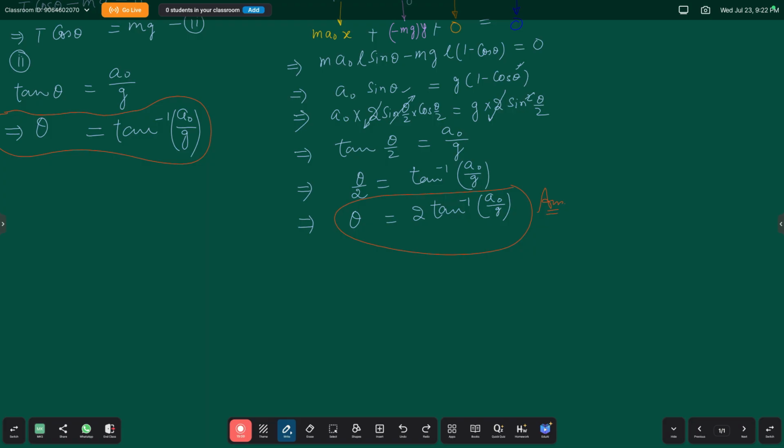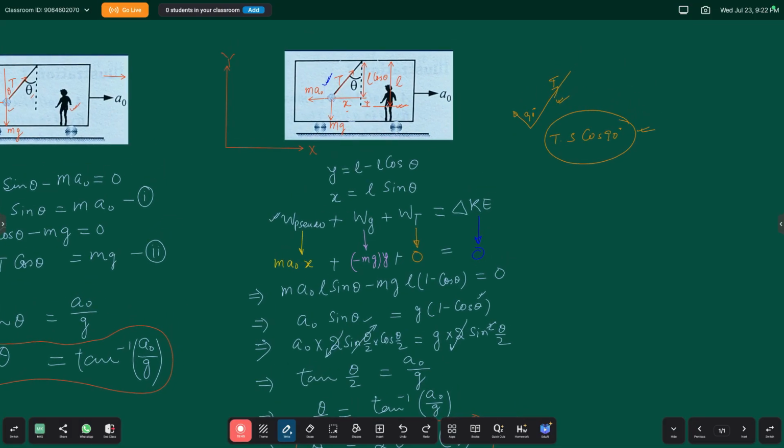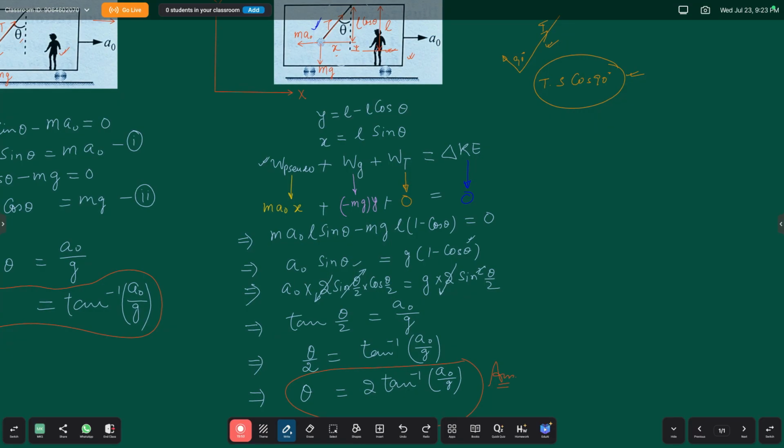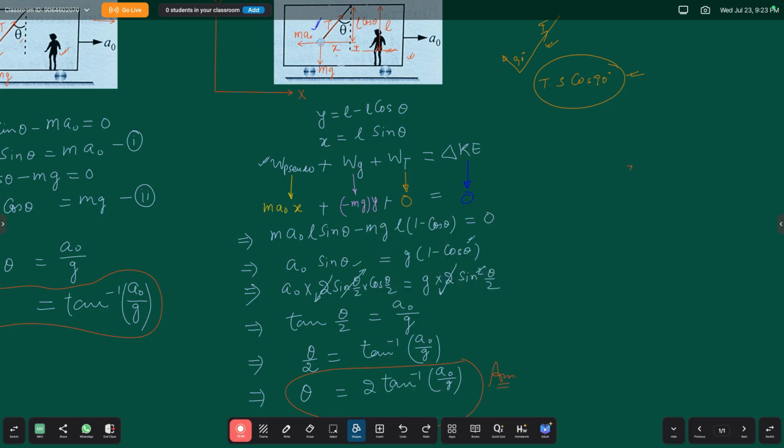That is fine. But what will happen if the trolley still continues with a naught acceleration? What will happen to the bob motion? Let us study that. In this condition, the bob was not in equilibrium. Which forces were working on it? Let us draw the diagram over here.